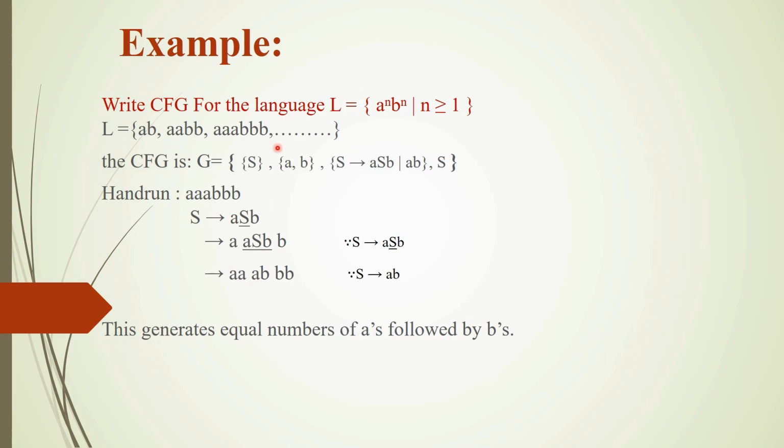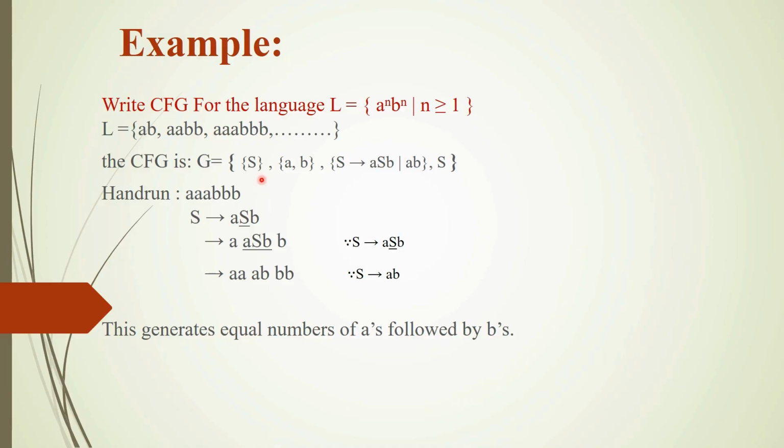You can define your context free grammar something like this. In this grammar, the important part is the production rule. The way you design the production rule defines the generated language. As per the language, n is supposed to be greater than or equal to 1.